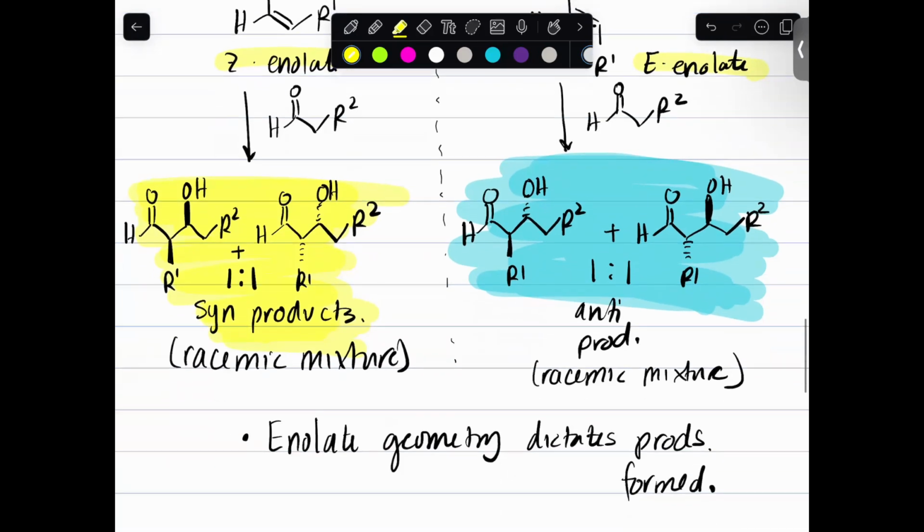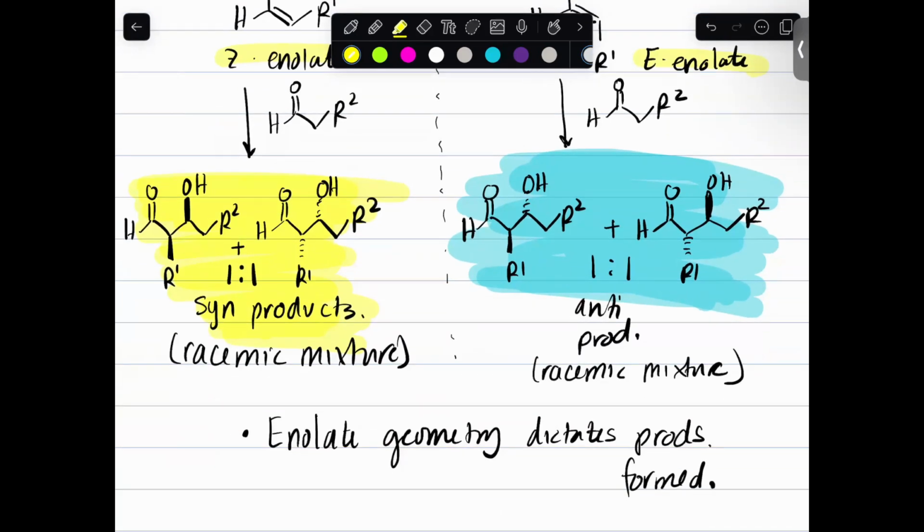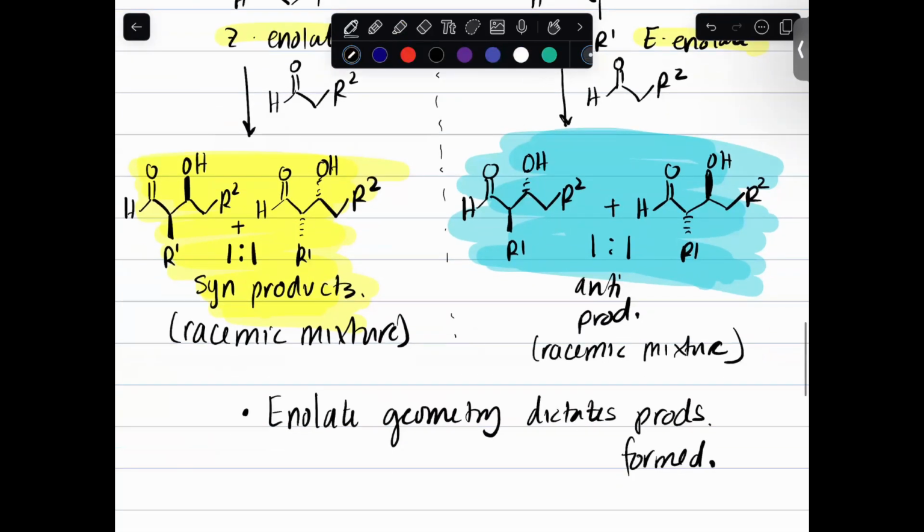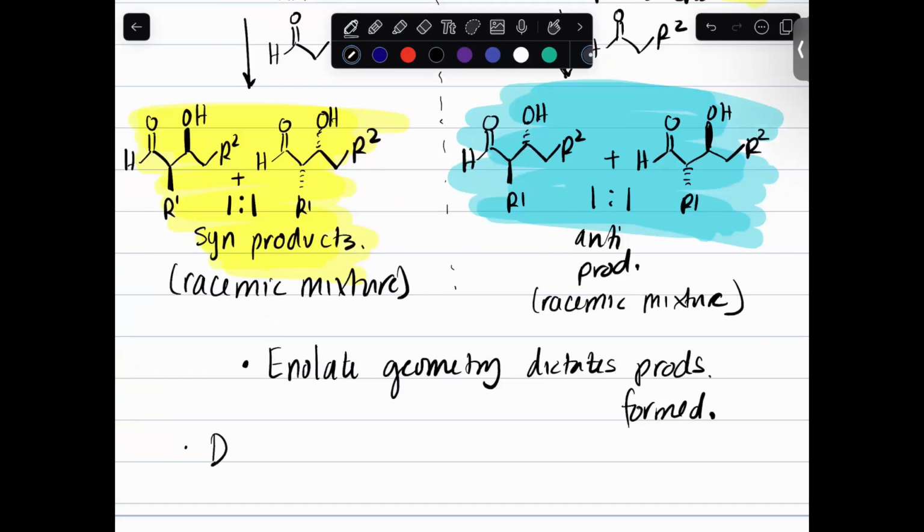Okay. And so the reaction that we're first learning is a diastereoselective reaction, where you're forming two products, but you're forming the diastereomers of the other two products. Okay. This is a diastereoselective reaction.